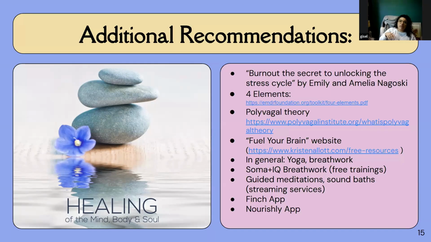Polyvagal theory is, I believe, a biology-based theory that explains the three parts of the nervous system and what happens to the body within them, and explains how and why, again, at a scientific level, folks experience distress or have fluctuation in distress, right? So, I included a website that gives more in-depth information on the polyvagal theory and how to use it, right?